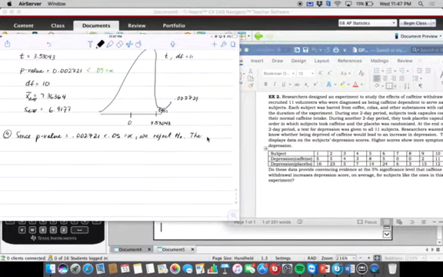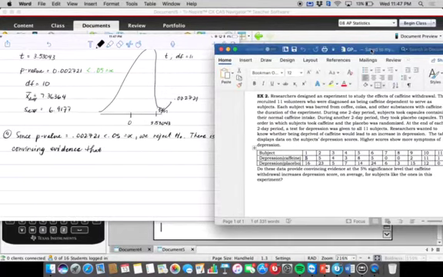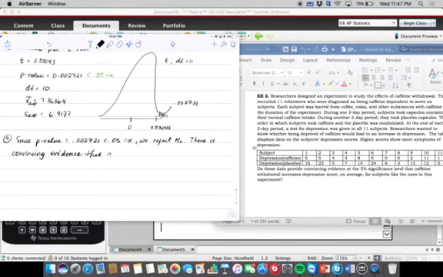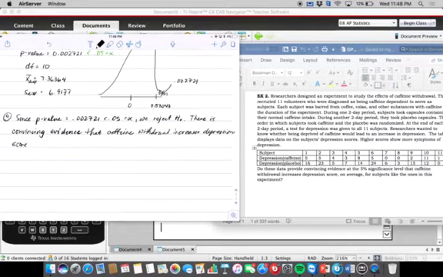There is convincing evidence that caffeine withdrawal increases depression score on average for subjects like the ones in this experiment.